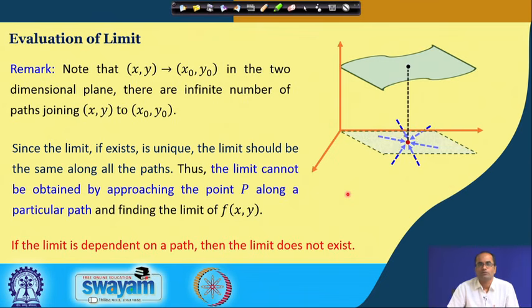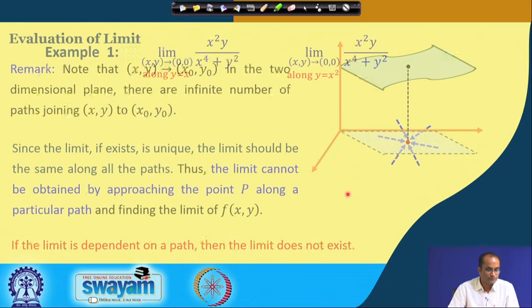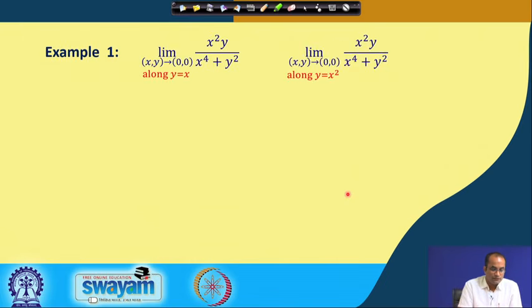So, now we will see some possibilities for finding the limit of a function f(x, y) as (x, y) approaches some particular point. For example, consider this example: x squared y over x to the 4 plus y squared, as (x, y) goes to (0, 0) along the path y equals x, and second, we will take the same function with (x, y) going to (0, 0) along the path y equals x squared.